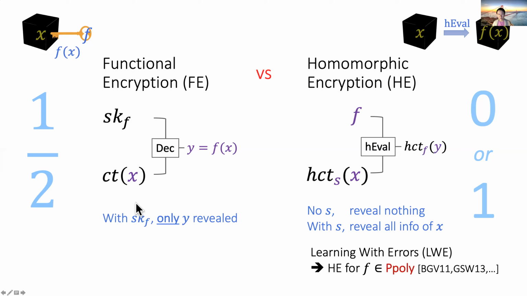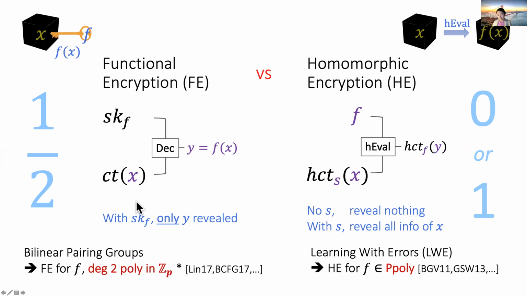This capability of fine-grained control of what partial information is revealed, with the rest being hidden, is what is challenging. Essentially, up to now, what we know is that using bilinear pairing groups, we can construct functional encryption for quadratic polynomials. So as you can see, the gap between what we can achieve for functional encryption and for homomorphic encryption is very large.